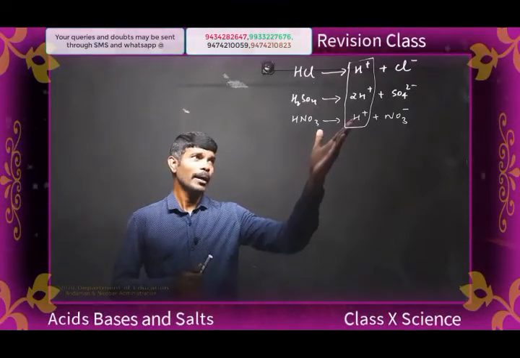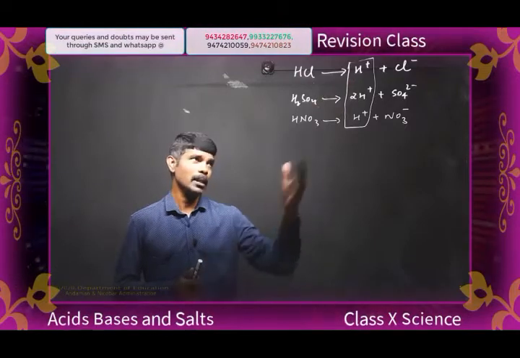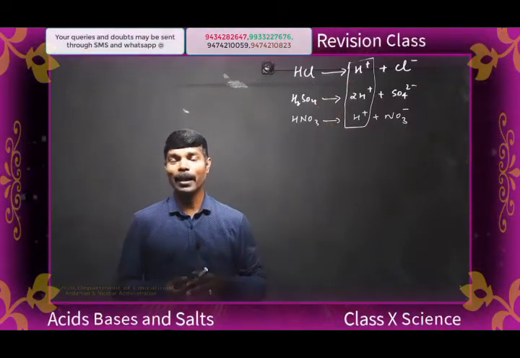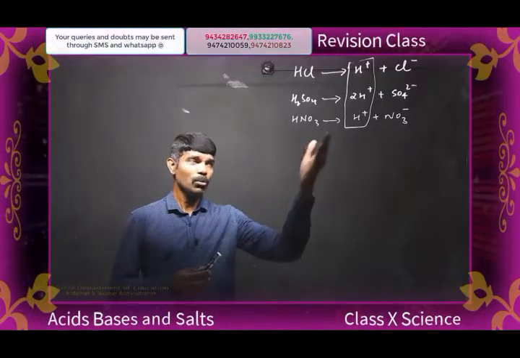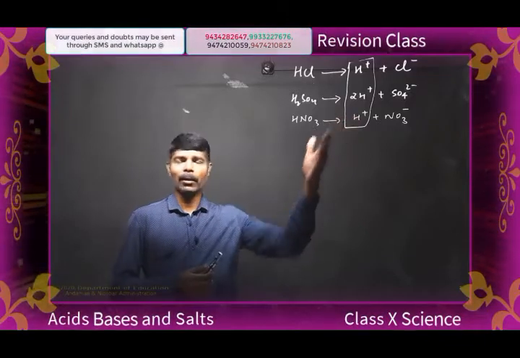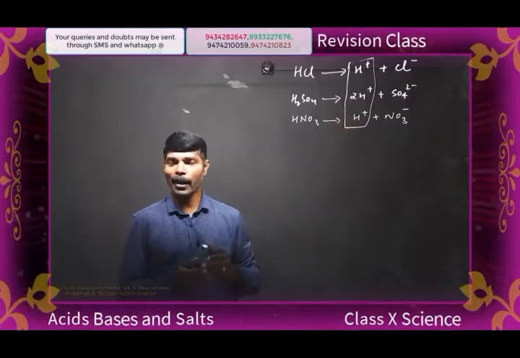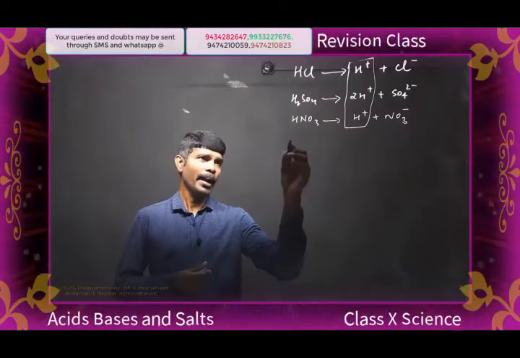Dear students, here we have written hydrogen ion independently, but as such hydrogen ions are highly reactive, they do not remain independent. So when we are dissolving it in water, when hydrogen ion is produced, immediately the hydrogen ion reacts with the water and it exists in the form of hydronium ion. Let us see how it happens.